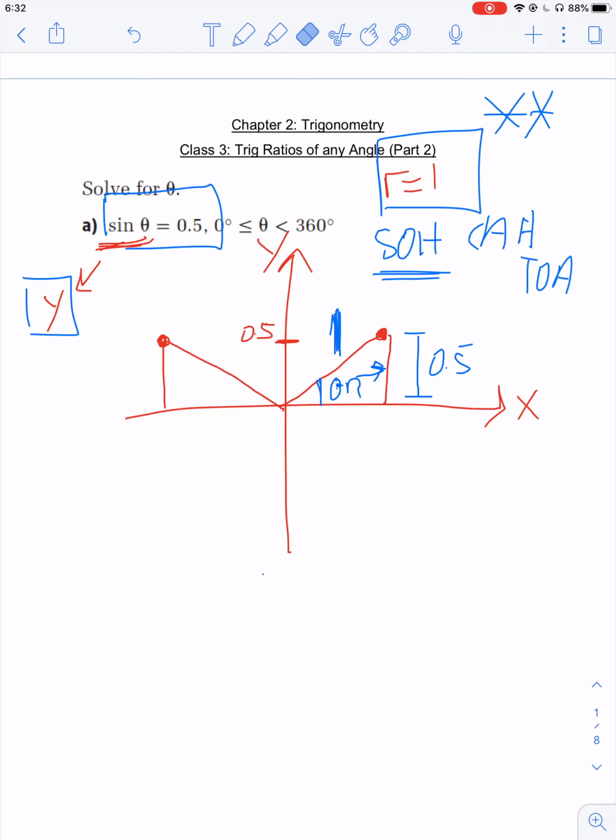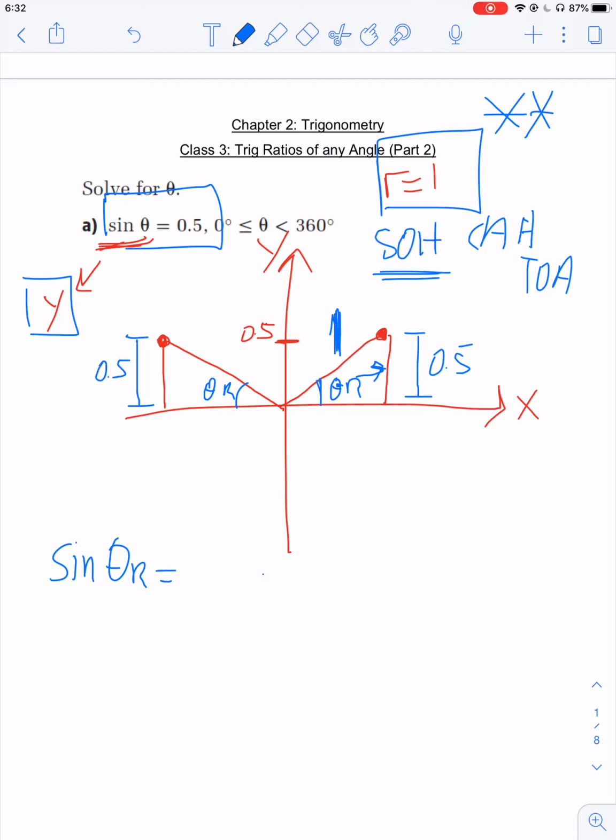Okay, so now what you have to do is just focus on grade 10 math. So what I'm gonna do is, using this picture, I'm actually gonna solve for my reference angle. Okay, so shouldn't have erased that, but let's rewrite it again. So sine theta, but I'm going to use my reference angle. Okay, so by the way, this is also theta r, because this height is also 0.5.